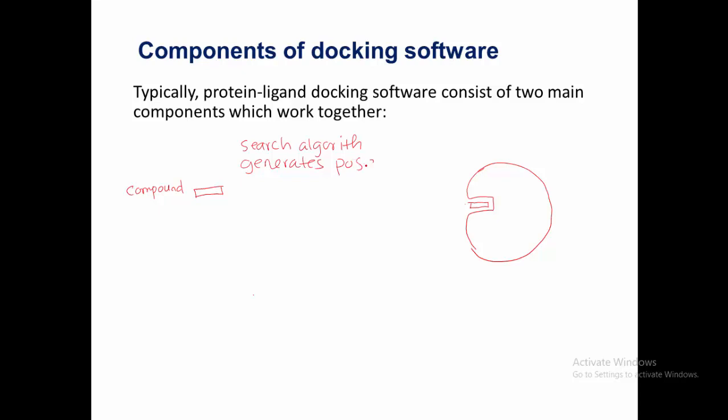These poses are conformations. For example, I can ask the software to generate 10 poses for this compound: 1, 2, 3, 4, 5, 6, 7, 8, 9, 10. These are 10 conformations of only one compound.